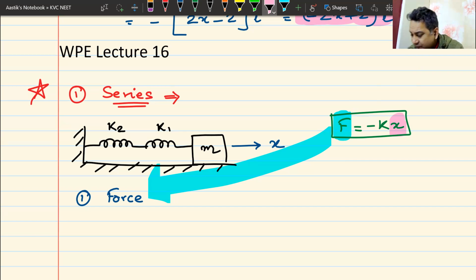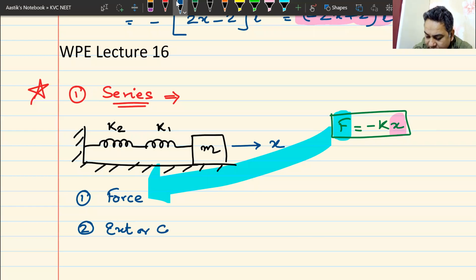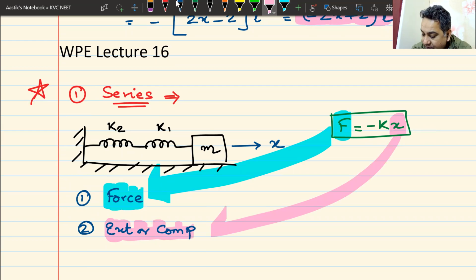One is the force in the spring and the other is the extension or compression in the spring. These are the two things that we always think about when we think about springs.